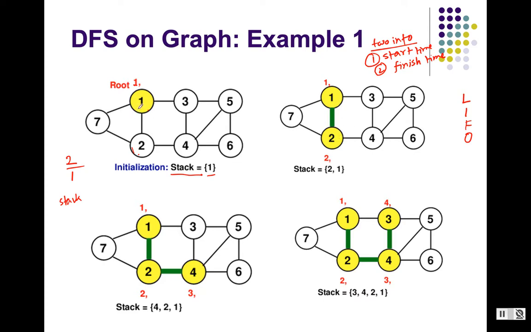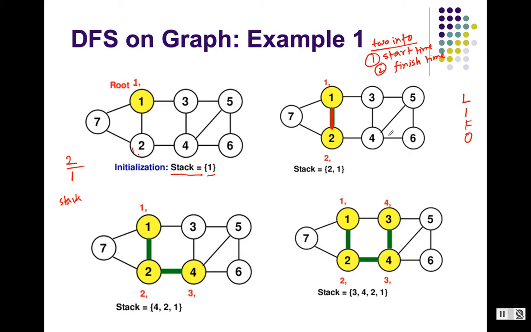This is the edge we used to traverse the graph, so it will be part of the tree edges. We make this edge bold, as it is part of the tree.